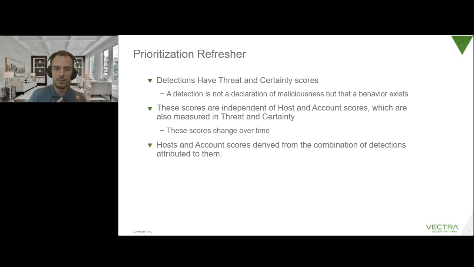It's going to depend on what behaviors have fired, how much activity we've seen across the attack kill chain, that sort of thing. And I bring that up because people new to Vectra sometimes conflate the detection with the host and account. So it's important to recognize that they are separate.